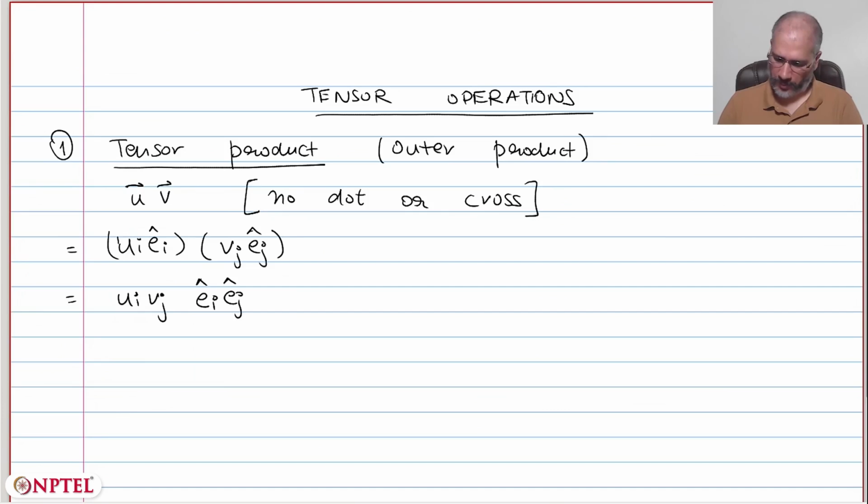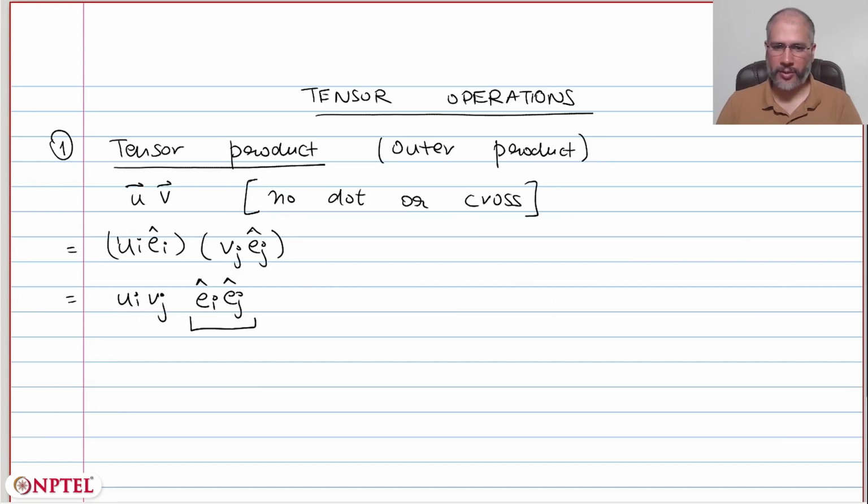So now the question is, what exactly is this? We are used to having just one e hat, like ei hat, which would expand typically to a vector if you write all the components. But what exactly is this quantity where you have ei ej without any dot or a cross in it?